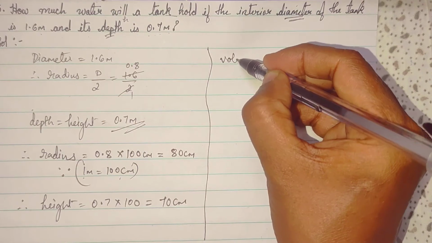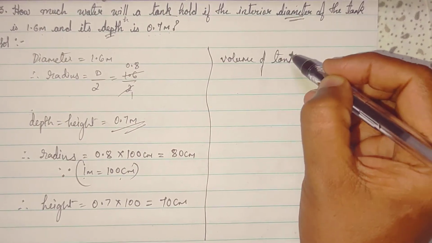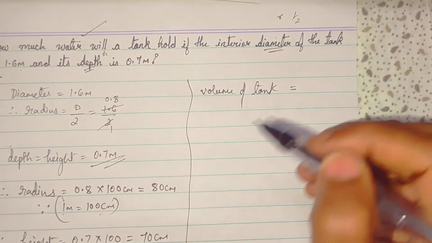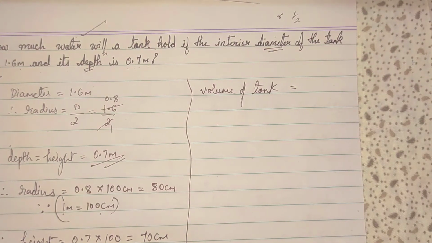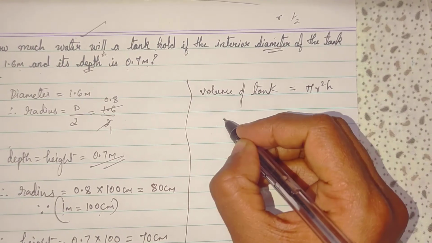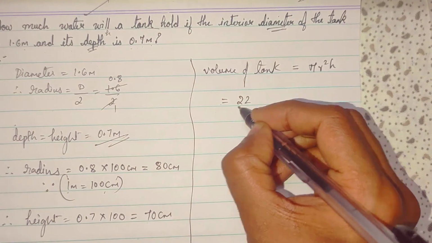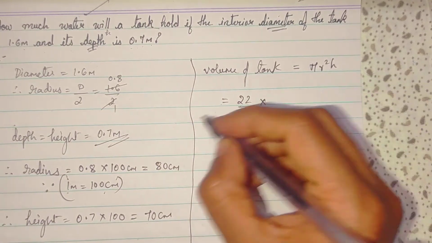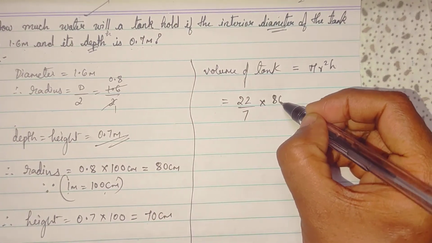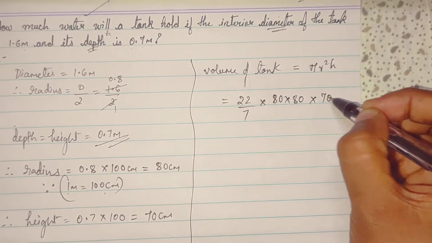So volume of the tank: the tank is a cylinder, so pi r square h. Cylinder formula. So pi is 22 upon 7 into r, 80 into 80 into h, 70.